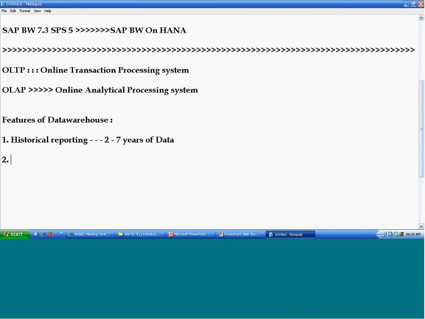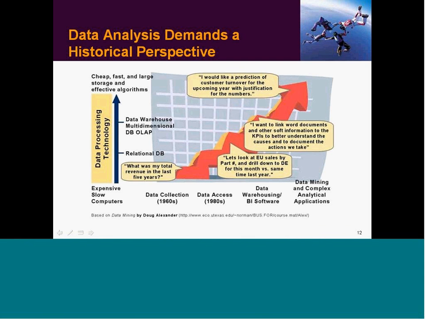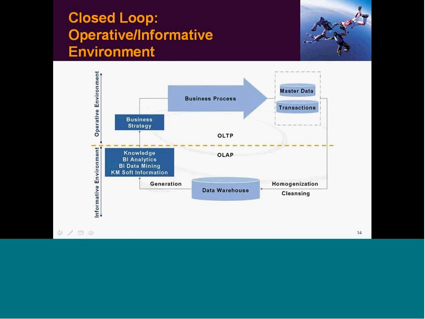The next one is, first basically we'll talk about how it got started. It started just to decrease the burden on the source system. So we have an OLTP system which is handling clients' day-to-day business process.